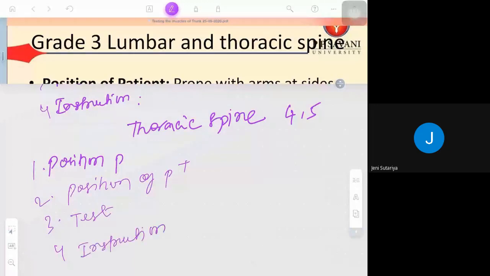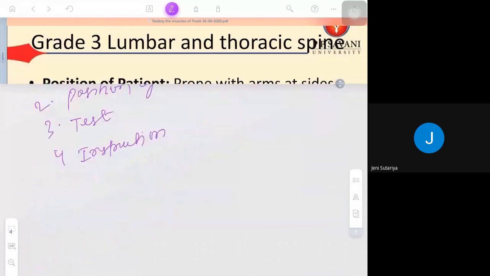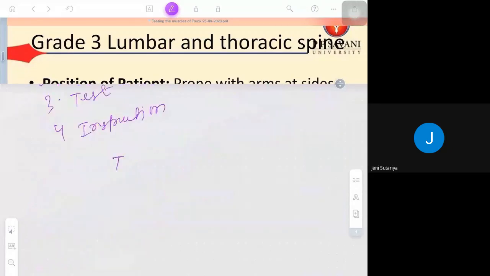Clear? We discussed thoracic spine and lumbar spine separately. Now we are going to discuss thoracic and lumbar grade 3 together.